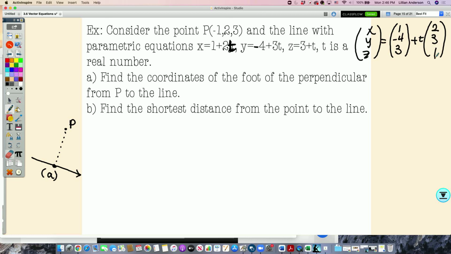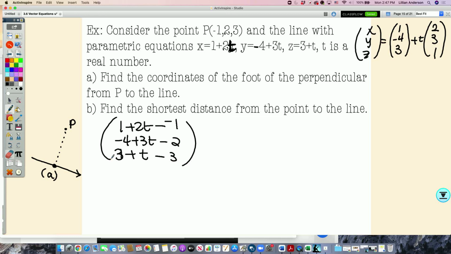And since you're trying to figure out the coordinates of this point, just like we did in the last problem, you have to take this equation, essentially this point, which is 1 plus 2t, -4 plus 3t, and 3 plus t, and then take that and subtract it from P, that'd be (-1, 2, 3), to actually get the vector that represents PR.